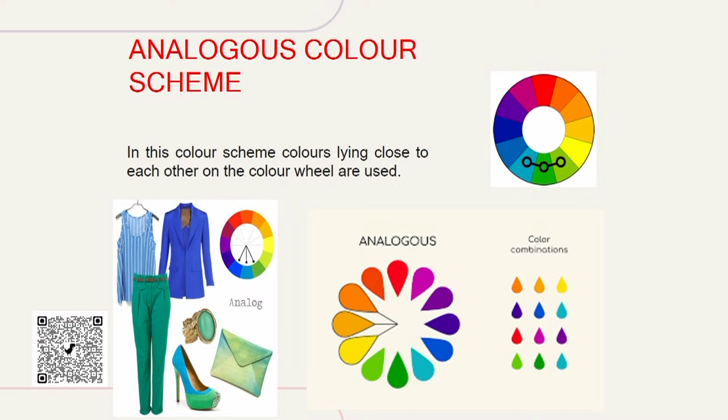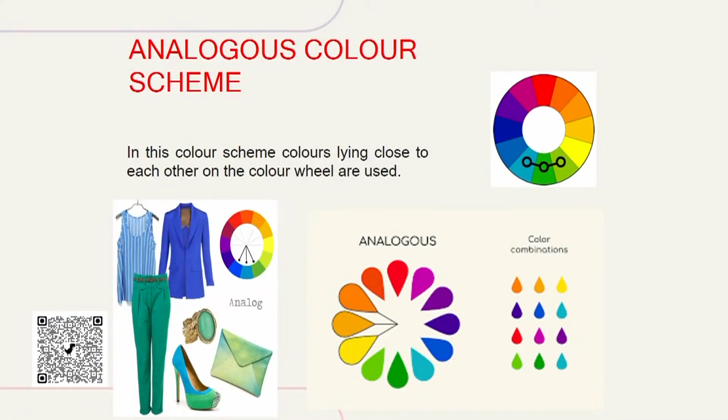In the top image, you will see that green, blue and yellow green lie next to each other, and therefore if you combine these 3 colors, you will see a very put together analogous color scheme garment.